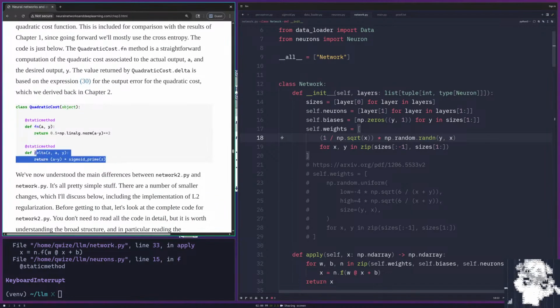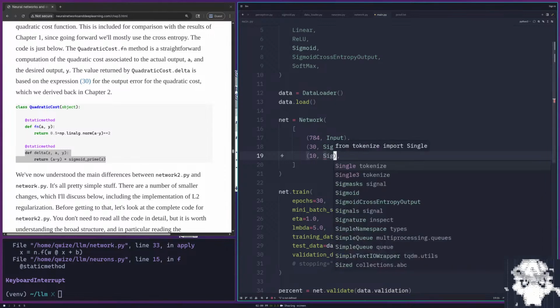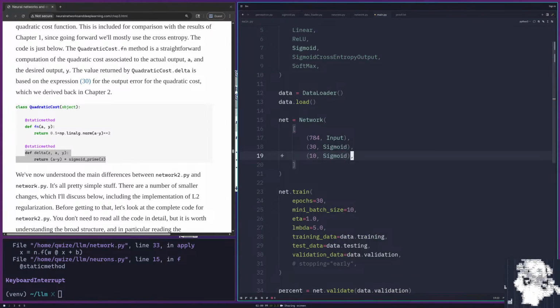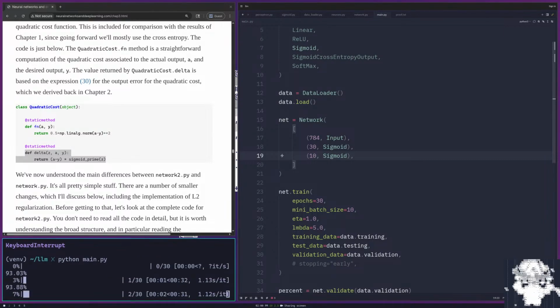Okay, and then the quadratic cost, which we're basically not using anymore. Although I can use it. The way to use it is to just do sigmoid as the output. Actually, would this go back to doing quadratic cost? I'm actually not sure. Seems to work.